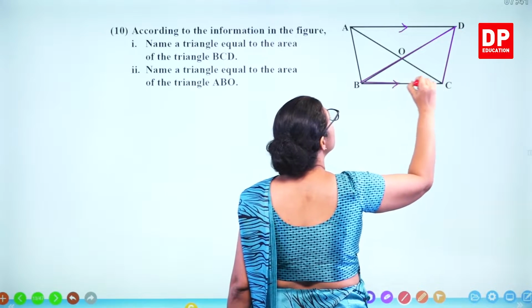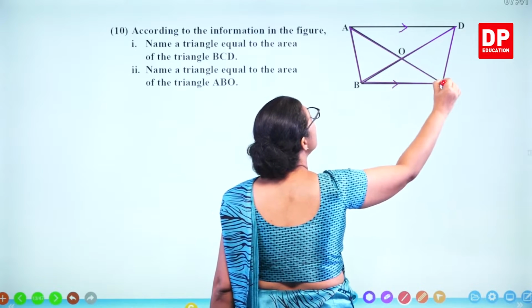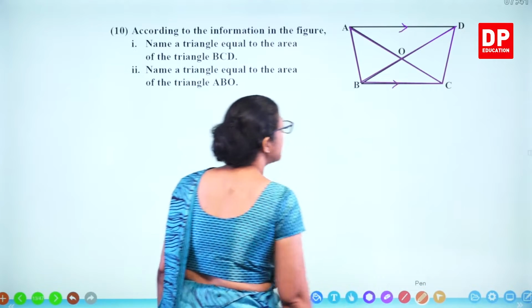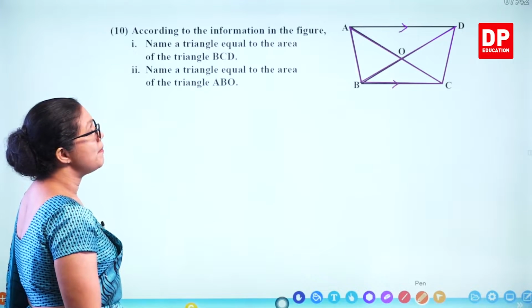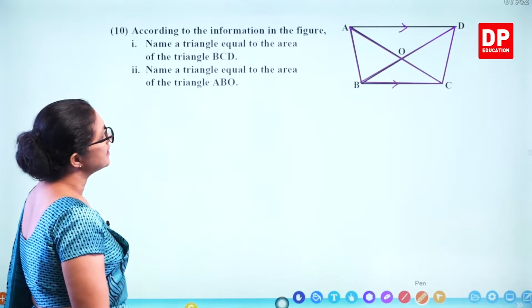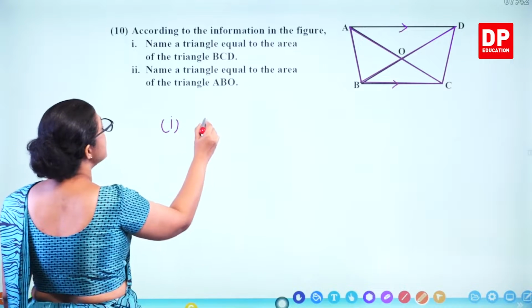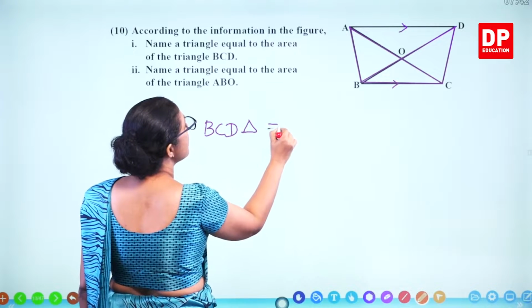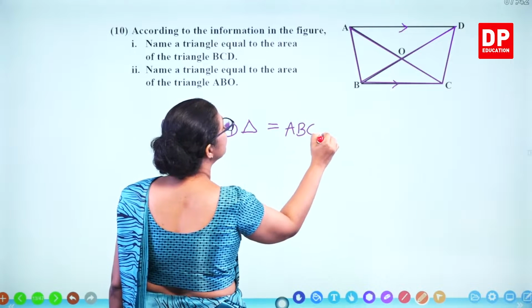So that triangle and this triangle both are equal in area, because same base BC and the perpendicular height is the same in between two parallel lines. So straight away you can write BCD triangle is equal to ABC triangle.